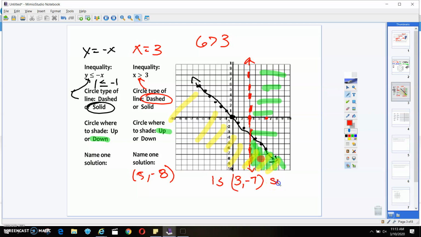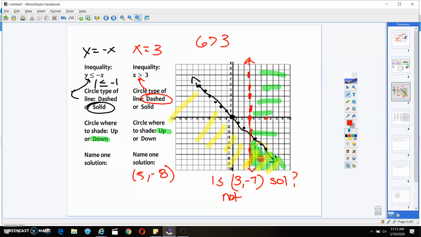No. Why? It's not in the shade, but also it's on the dashed line, right? And that's not included, right? So 3, negative 7 is not a solution.